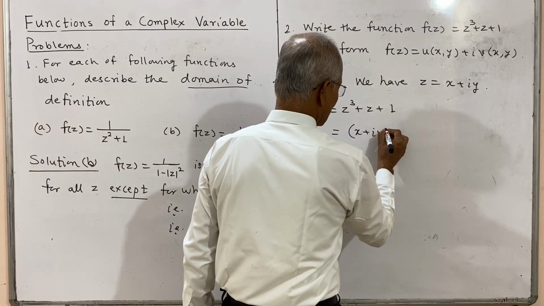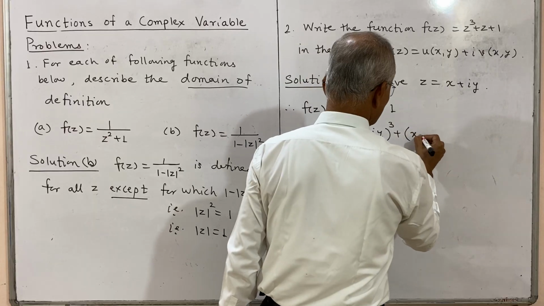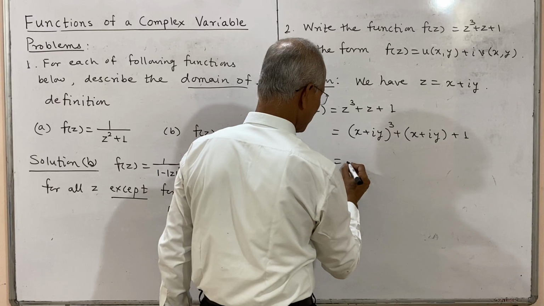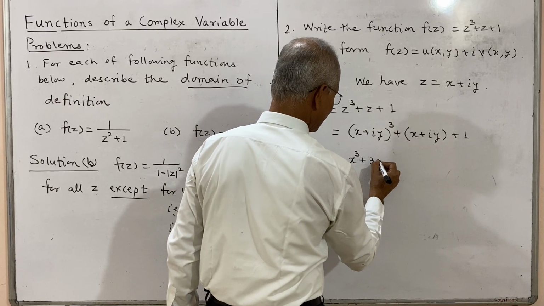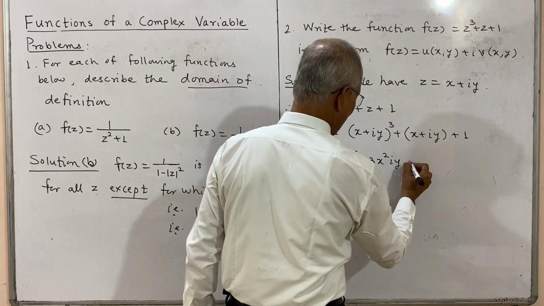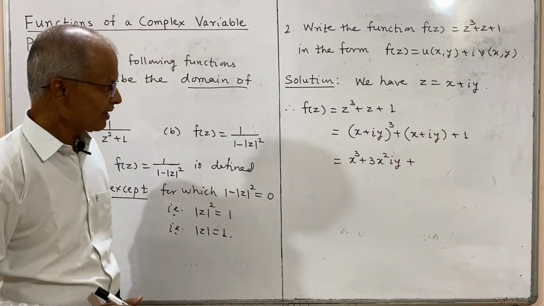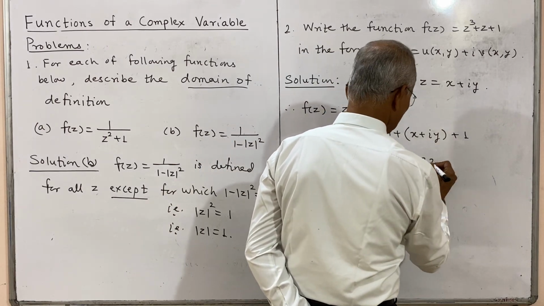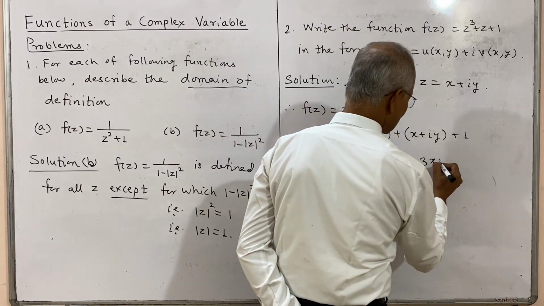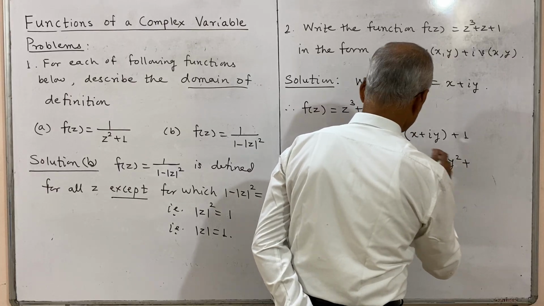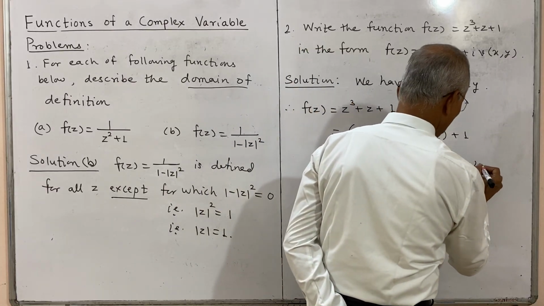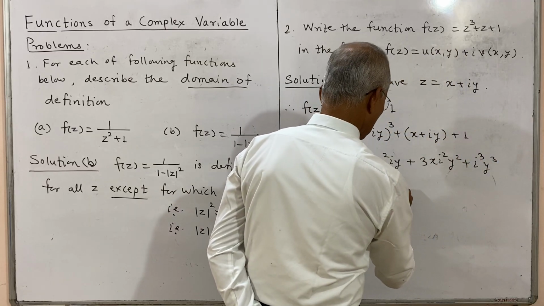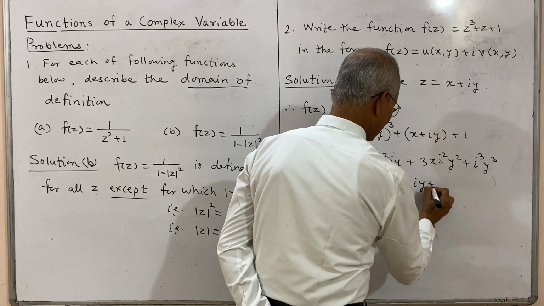(x + iy)³ + (x + iy) + 1. The expansion of this cube, by binomial expansion or by the formula of (a + b)³, is x³ + 3x²(iy) + 3x(iy)² + (iy)³, and this as it is, plus x + iy + 1.